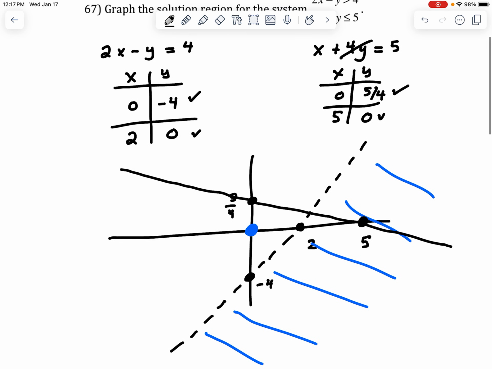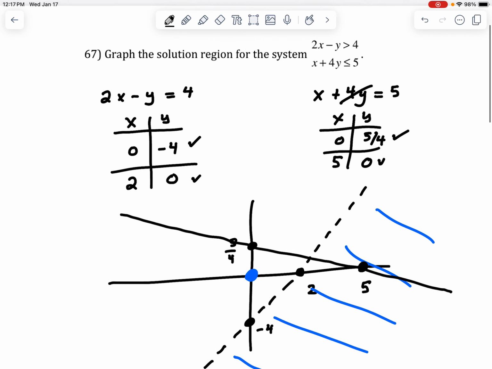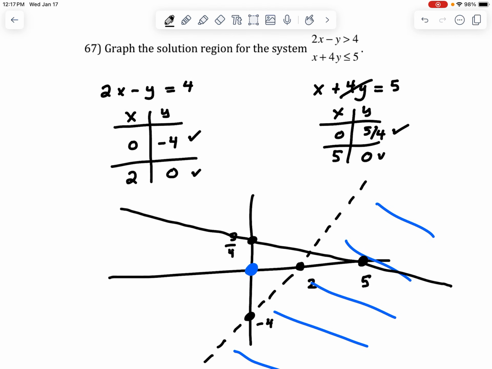And then for the shading for this one, again, I could use 0, 0 as a test point. So if I test 0, 0, plug a 0 in here and plug a 0 in here, then that is going to say, is 0 smaller than 5? And that is true.